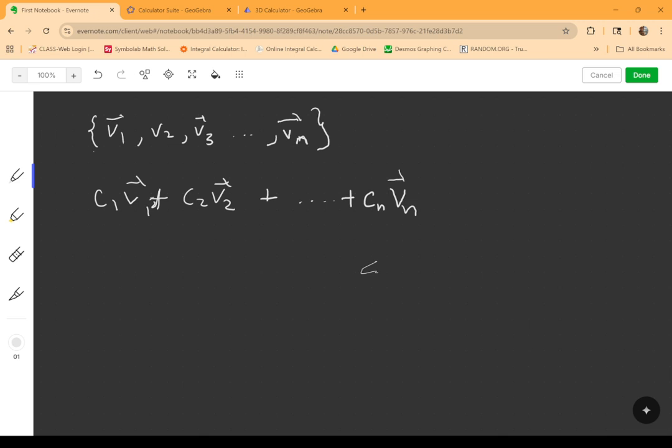So this is the basic definition of a linear combination.